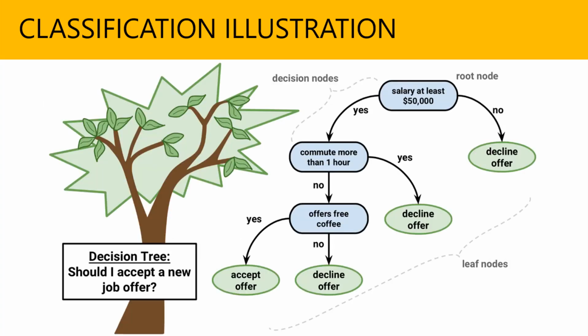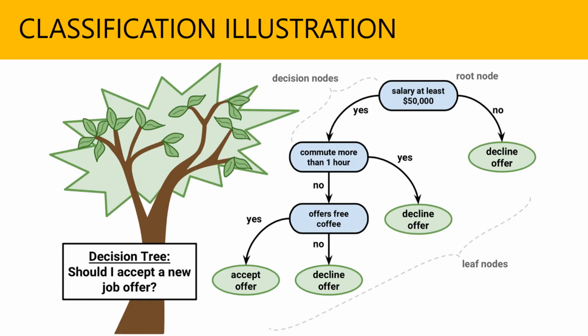Here's a visual illustration of a classification. This is a decision tree. The question is, should I accept a new job offer or not? Notice on the tree, starting from the top and trickling down, you have the decision nodes, sort of like rectangles. You have questions such as, is the salary at least 50,000?